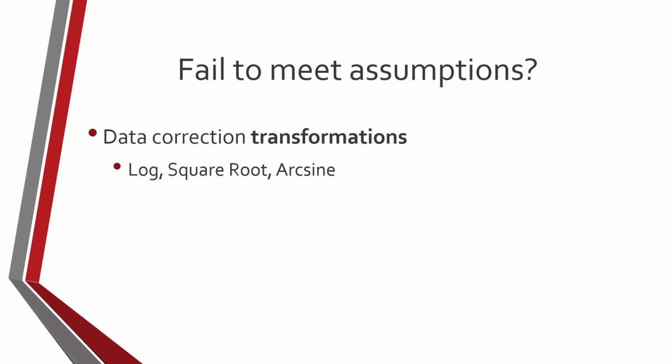So there's three main ones. The logarithm transformation, that's great for counts of things that occur in clusters because that follows a log normal distribution. The square root transformation is good for counts of things that occur randomly or rarely.